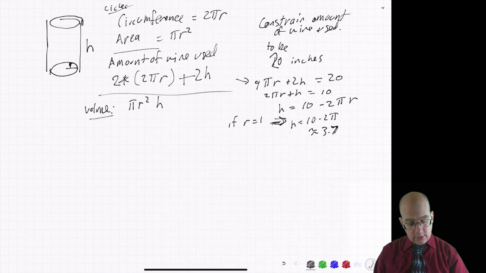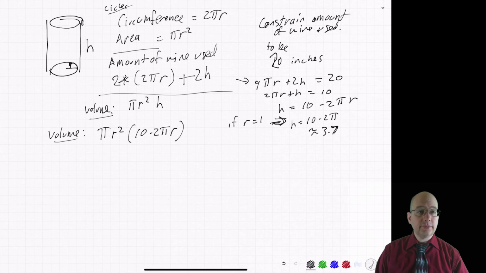So now our volume can be written entirely in terms of r, pi r squared times 10 minus 2 pi r. So that's our volume. All right? And of course you can write that in terms of x. So let's see, what can we ask?